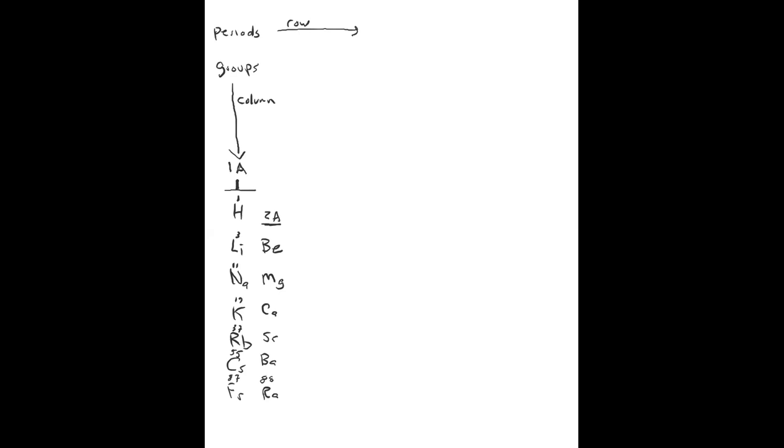And then you get these elements which are called the transition metals. Starting right here, you have scandium, right next to calcium. You have scandium, then yttrium, lanthanum, and then actinium.